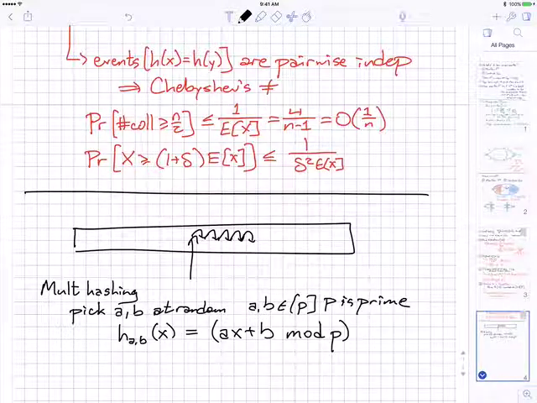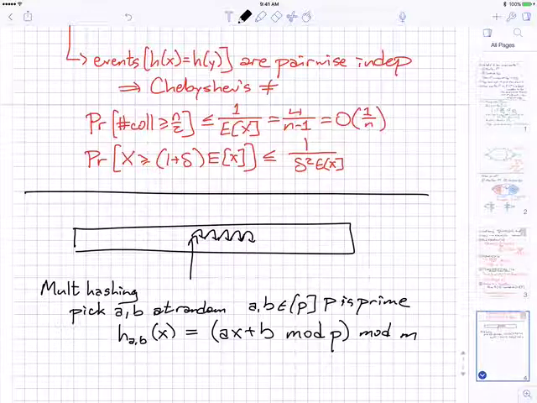And then the second step is that gives me some number between 0 and p minus 1, but I need to map that down to a number between 0 and m minus 1. So I take this mod m. And generally speaking, this prime is relatively large compared to m.